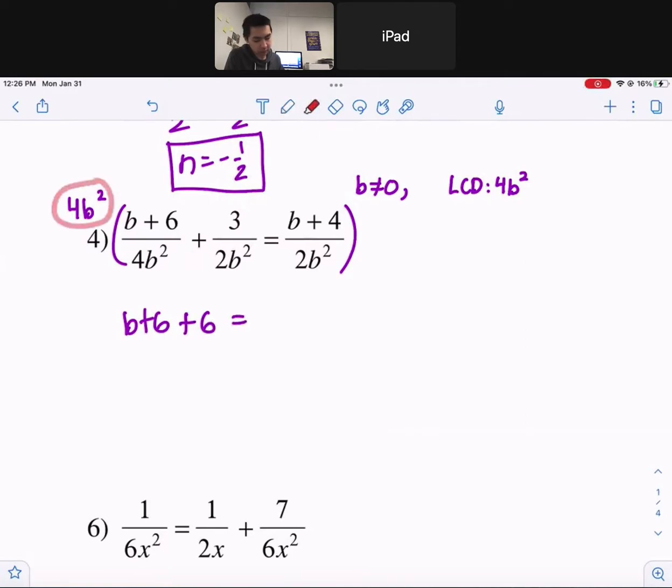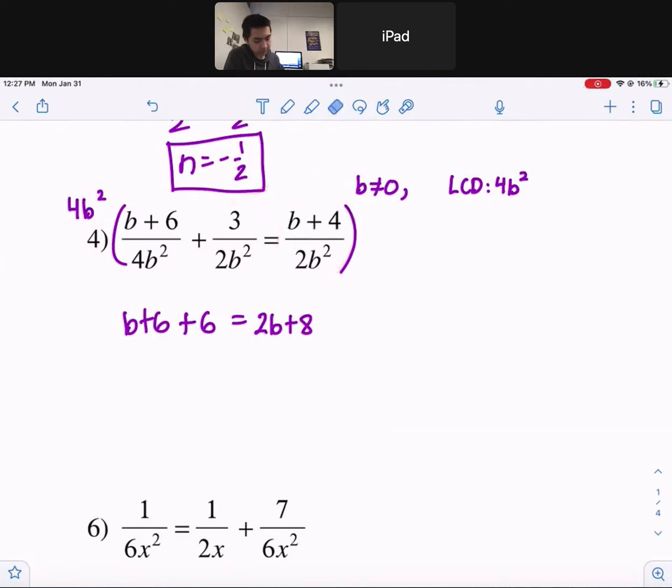Next, 4b to the second times this. Well, b to the seconds will cancel, and the 2 will cancel off with this, and there'll be a 2 here as well. So what we really have is 2 times b plus 4. We'll distribute the 2 to both of these. So 2 times b is 2b, 2 times 4 is positive 8.